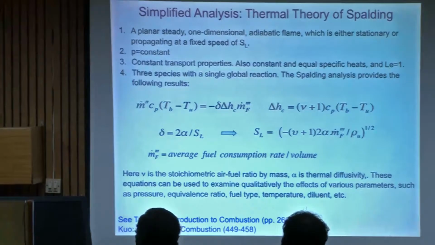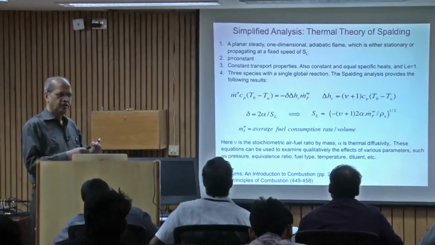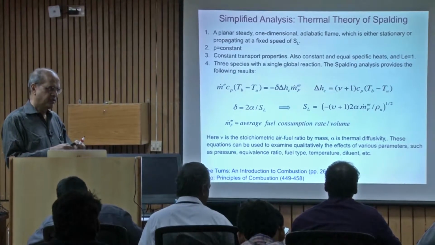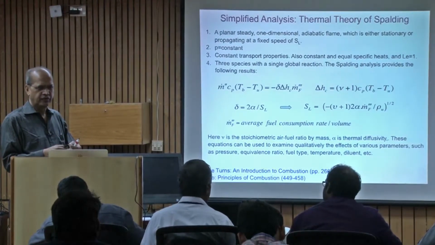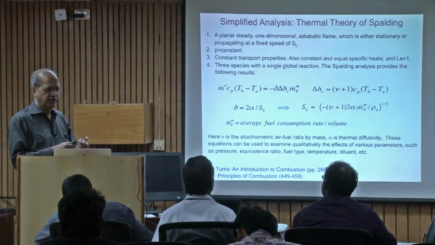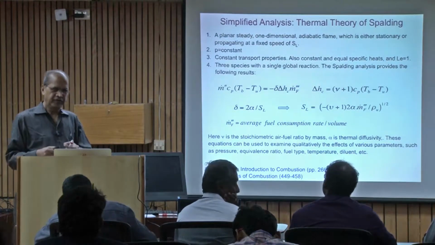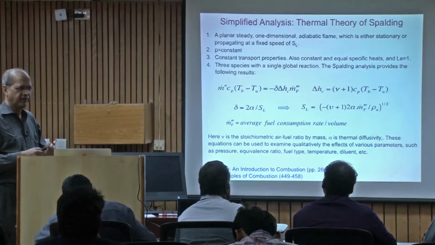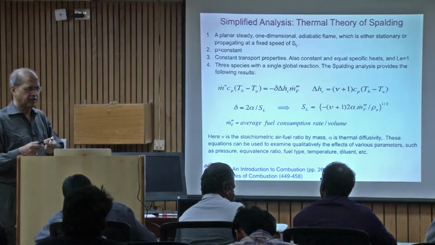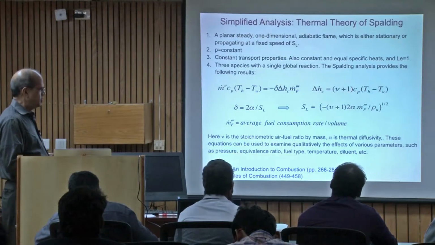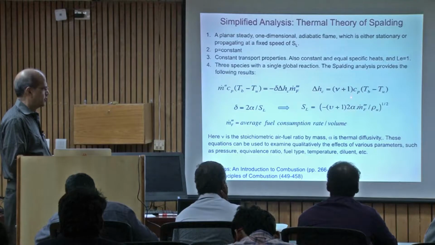Because you take, let's say, 1 kilogram of fuel and nu kilogram of oxidizer, so you have 1 plus nu. Let's say the nu value is 15, which is a typical value. So 1 kilogram of fuel, 15 kilogram of oxidizer, and then you get 16 kilogram of products. So 1 plus nu is the mass of products. Cp is constant, so it's also for the product.